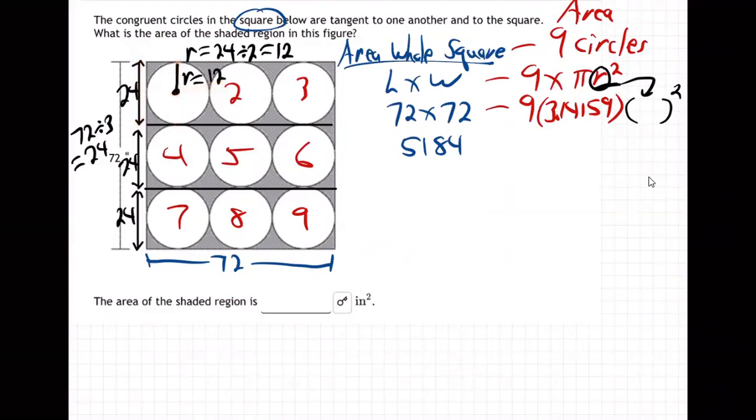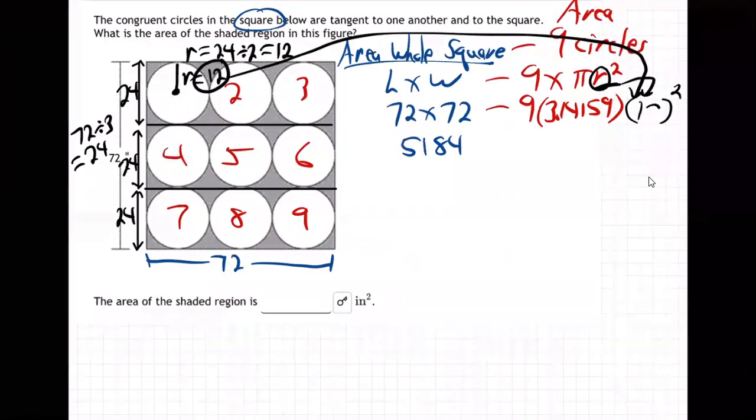So then we grab this radius of 12 and bring it in right over here. Mine's a little sloppy. There we go. Now we hit the buttons on the calculator: 9 times the pi button times 12 squared. That'll be the most accurate and the quickest and easiest.